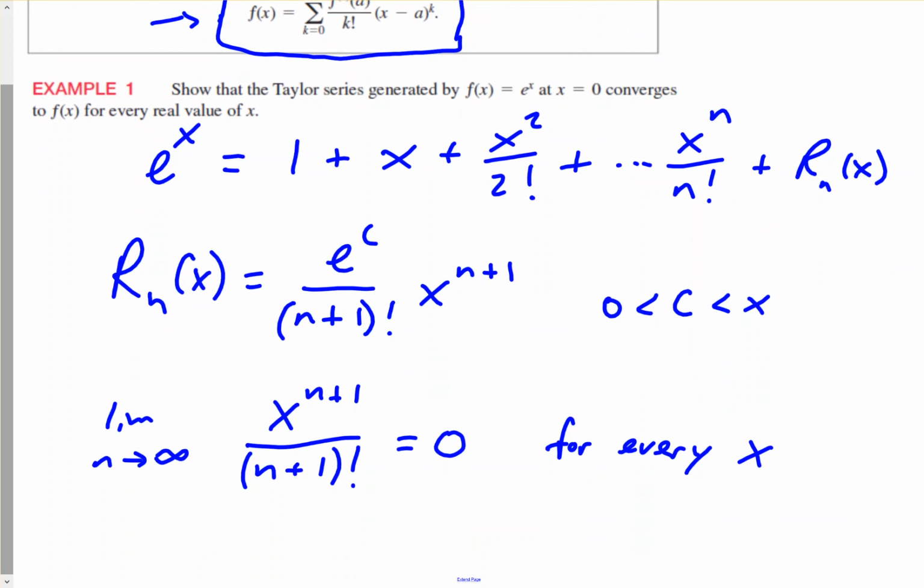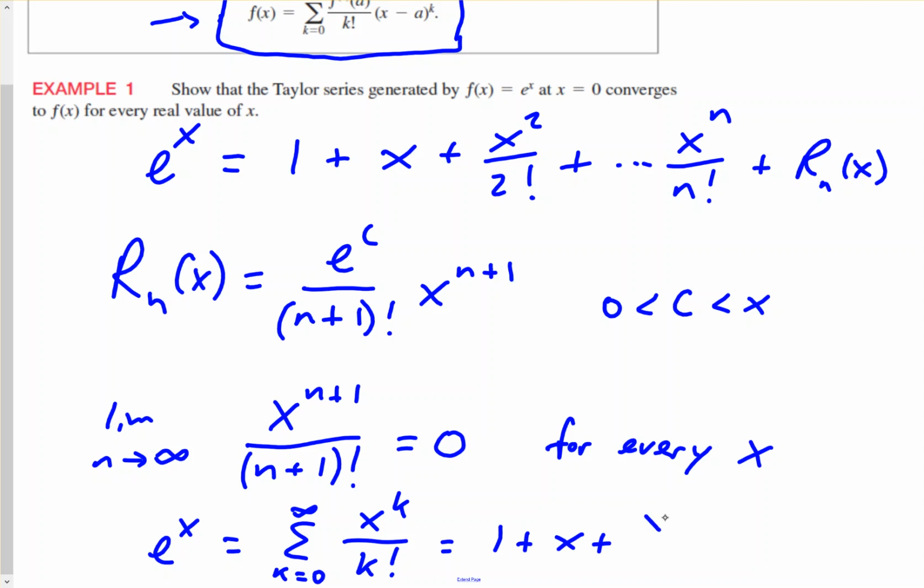Our function here was e to the x, so we could say e to the x equals the summation, k equals 0 to infinity, of x to the k over k factorial, and this is equal to 1 plus x plus x squared over 2 factorial plus x to the k over k factorial, and this continues.